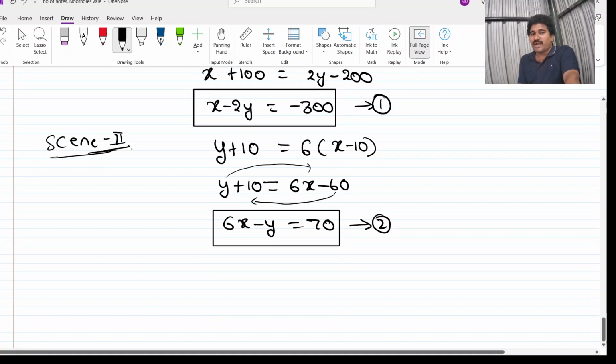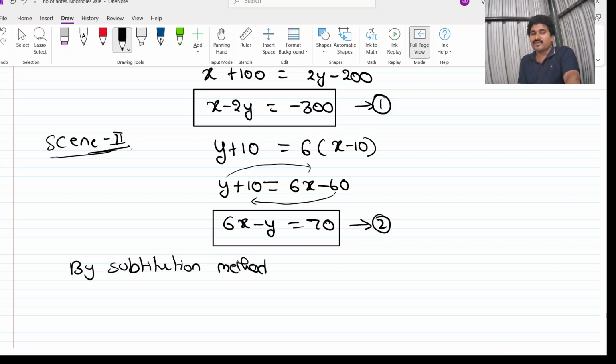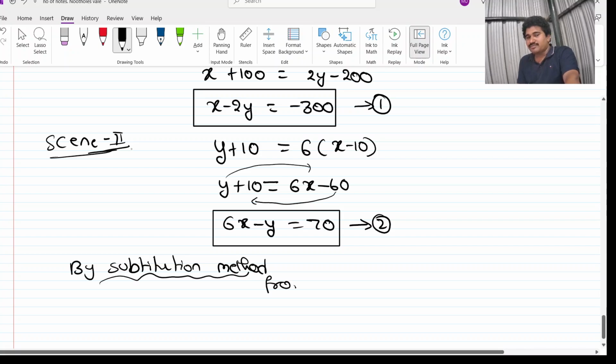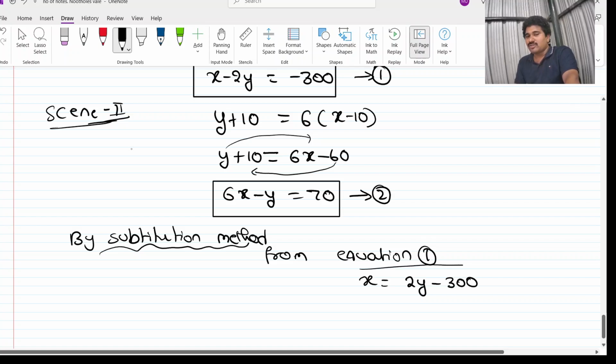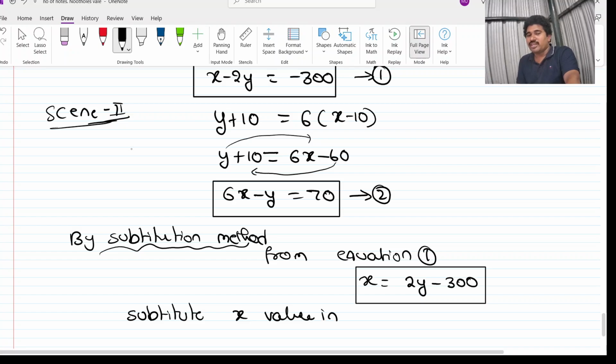By substitution method, from equation 1, x is equal to 2y minus 300. Substitute the x value in equation 2.